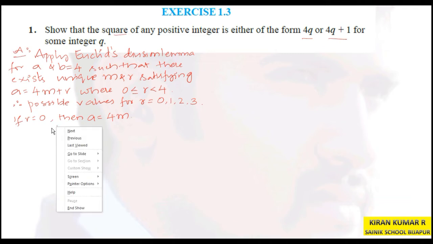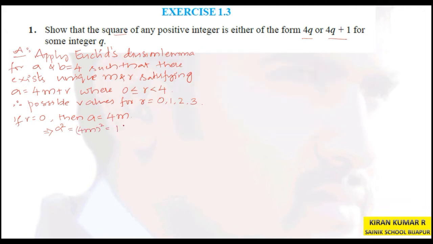Squaring on both the sides, we get a square equal to 4m whole square, nothing but 16m square. So a square can be written as 4 times 4m square, which is 4q form, where q is equal to 4 times m square.